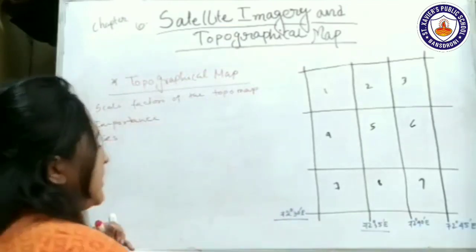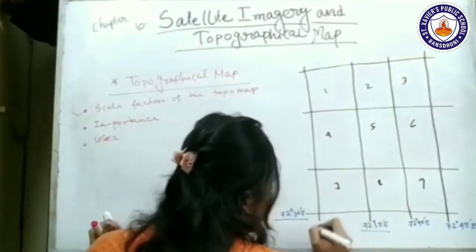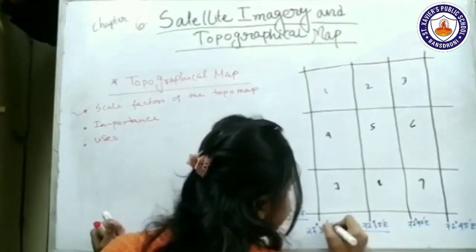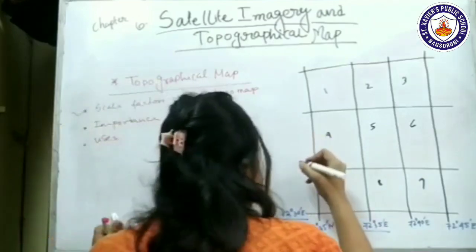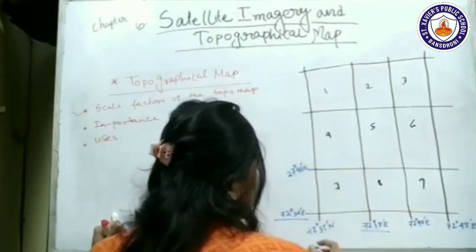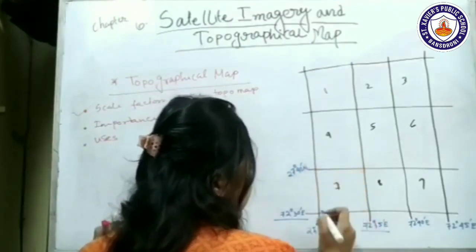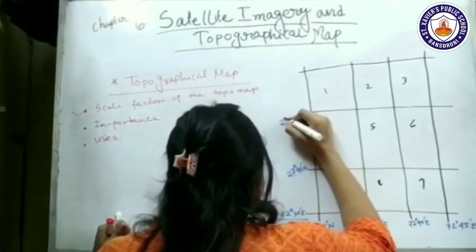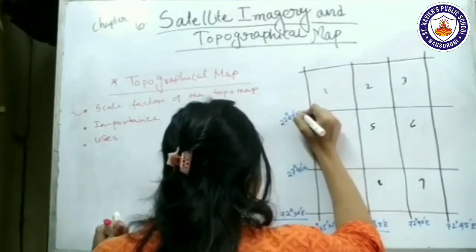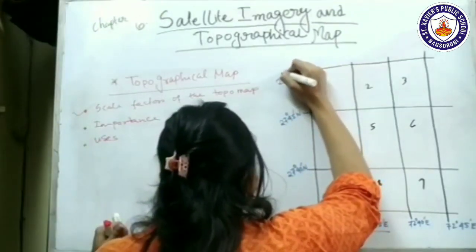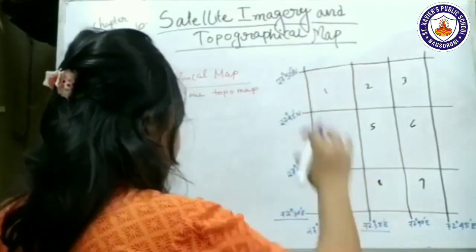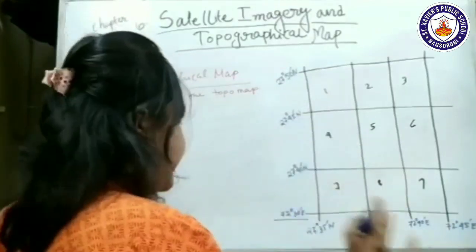And what about the other extent? I also put an arbitrary value, 27 degrees 35 minutes north. The next value will be 27 degrees 40 minutes north, because I already told you there is a difference of 5 minutes from one node to another. The third one is 27 degrees 45 minutes north, and the last one is 27 degrees 50 minutes north. So this is the latitude and longitude extent of a particular area, right?